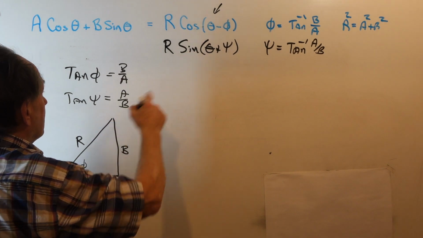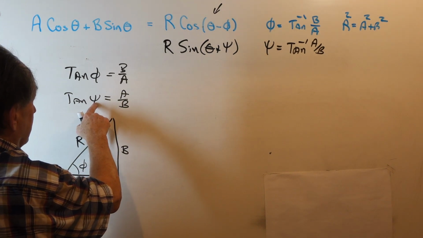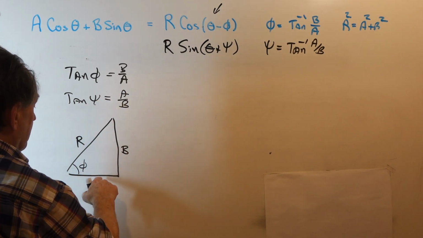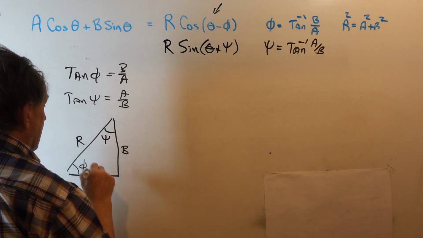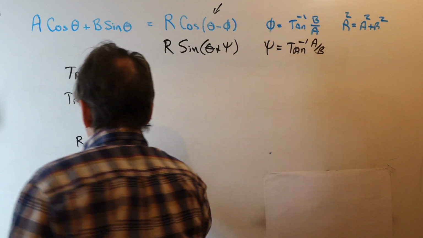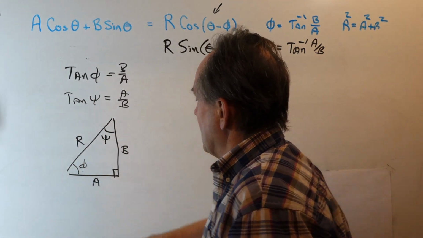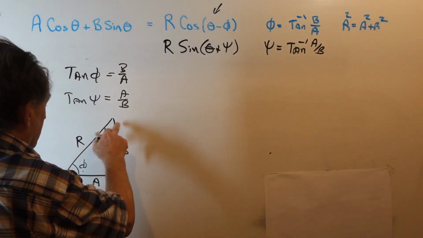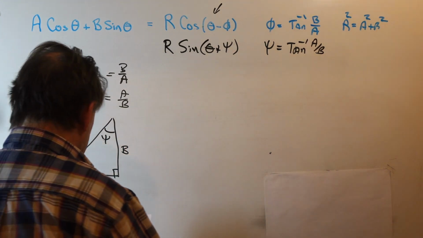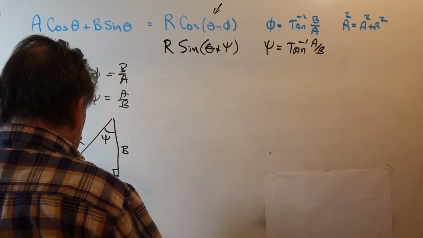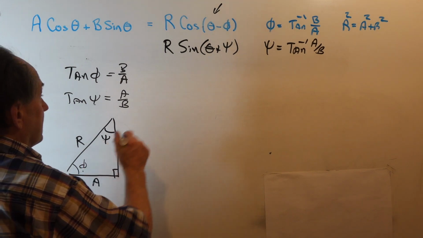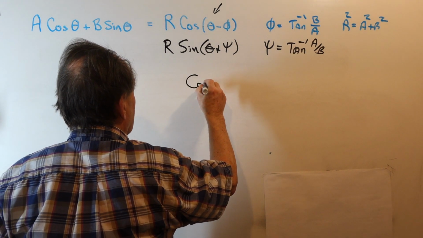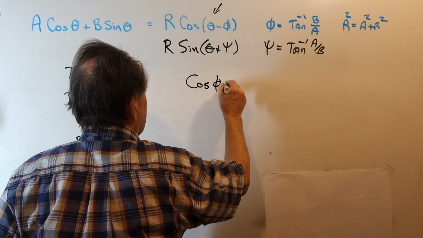Then look at the tangent of psi is opposite over adjacent. So for psi, A is the opposite side, so that makes this psi, and this is the right angle. So we see that phi plus psi is pi over 2 or 90 degrees. Now, notice that we can write the cosine of phi.